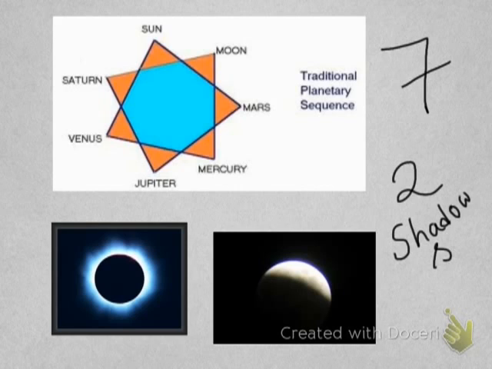Because the sun and the moon are the most powerful planets out of the 7, and these two most powerful planets are afraid of these two shadows. These two shadows have the power to control the two most powerful planets. So they added these two shadow planets into the objects that are controlling the rhythms.